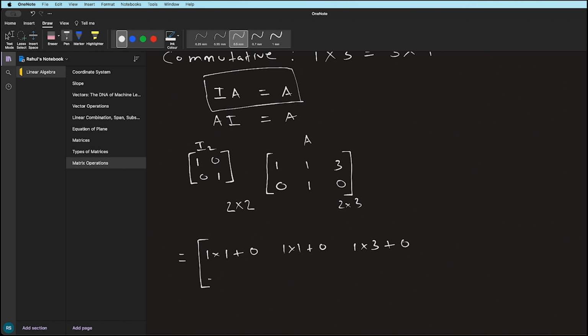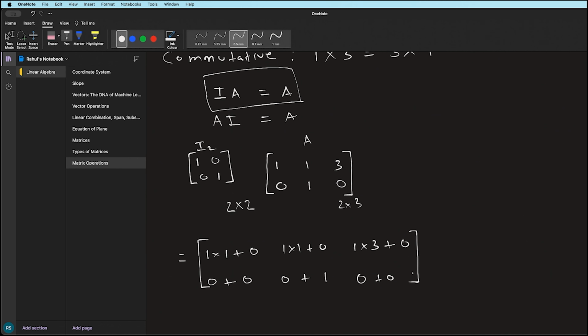In this case, 0 multiplied by 1 is 0 plus 0, then 0 multiplied by 1 is 0 plus 1, and for the last element, 0 multiplied by 3 is 0, and 1 multiplied by 0 is 0.